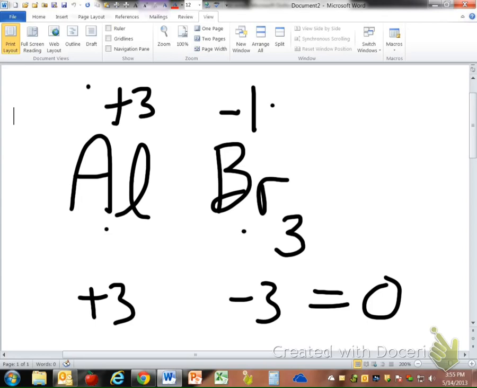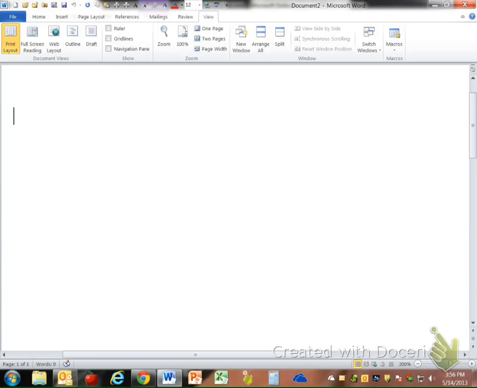And that will work even if it's the metal that needs to be increased. So I'll try one of those very quickly. I'm going to look at something like hydrogen and sulfur to make a compound called hydrogen sulfide. Well, I look up the oxidation numbers on my charts.